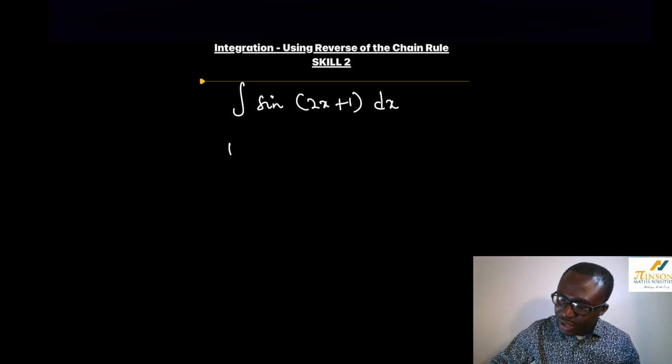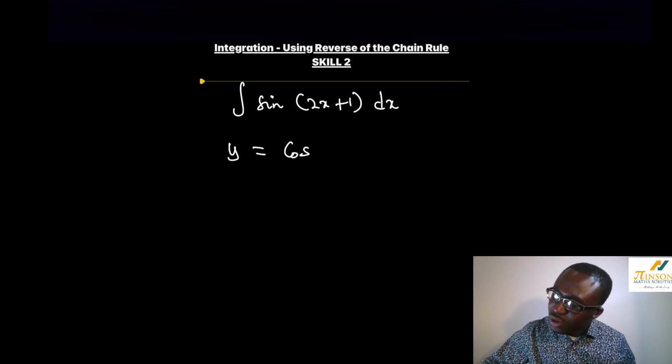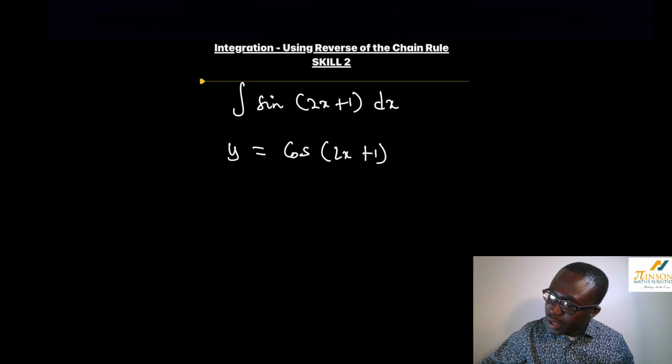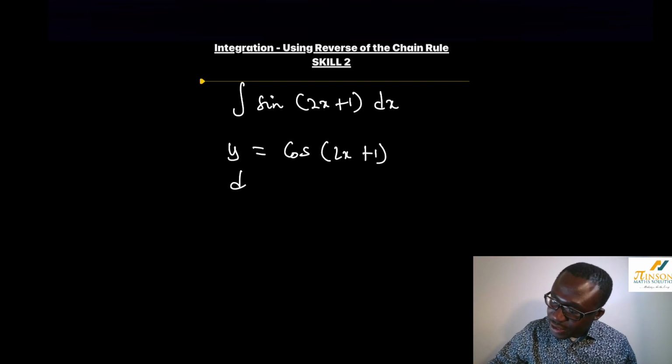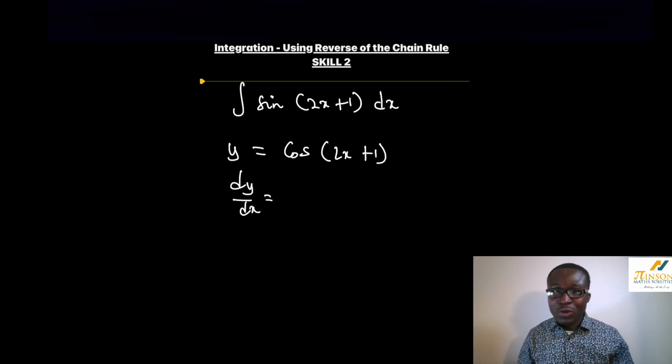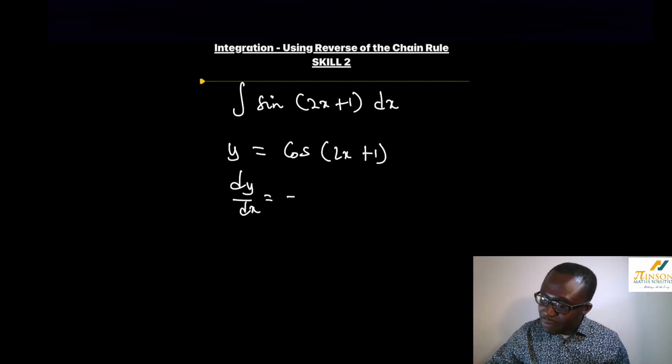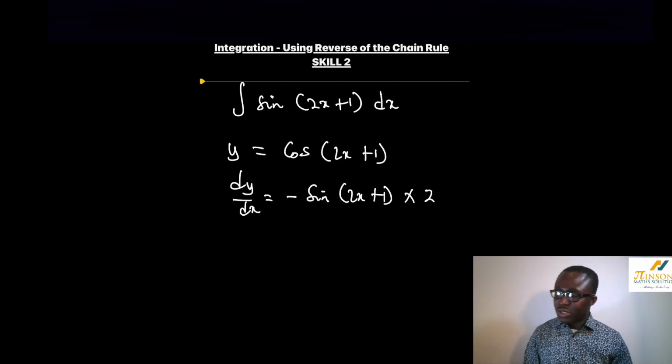So I'm thinking if I had y equals cos of 2x plus 1, which of course is a function of x, and I differentiate this, dy dx, because it's cos, I'll get minus sine 2x plus 1, and then times by the differentiation of 2x plus 1, which is just 2.